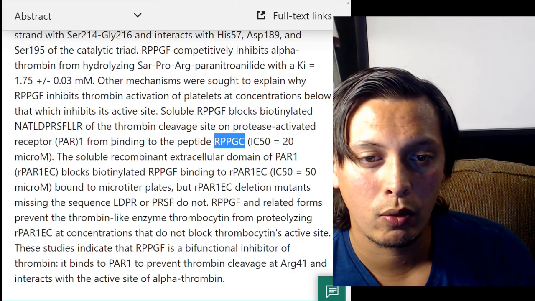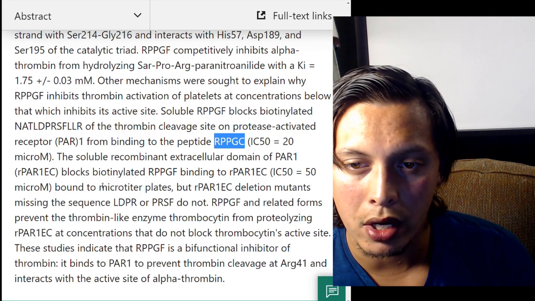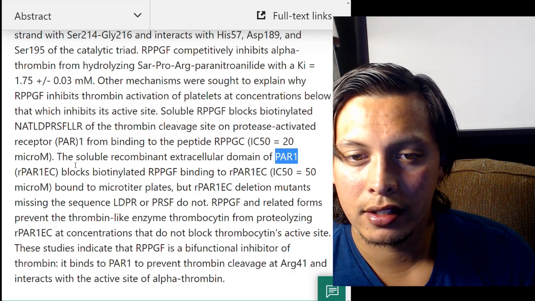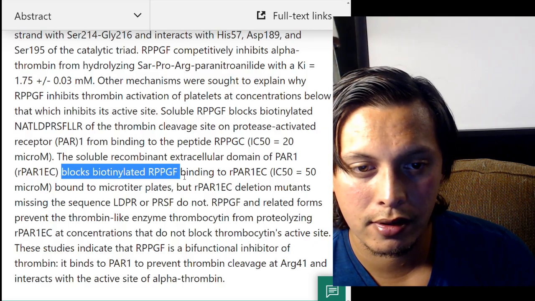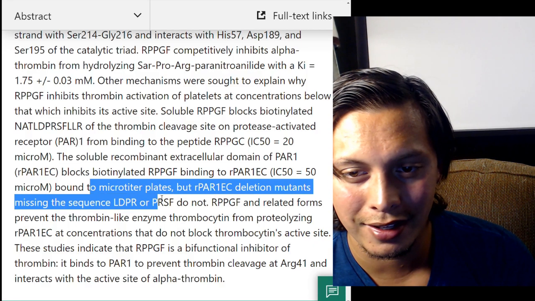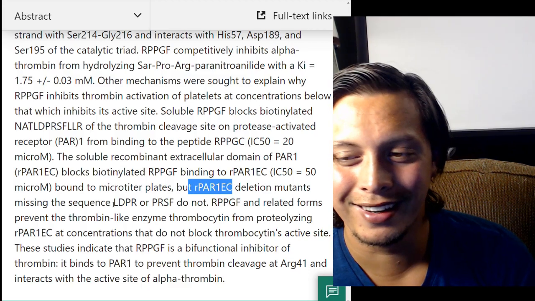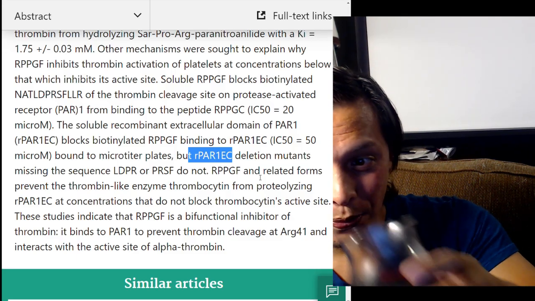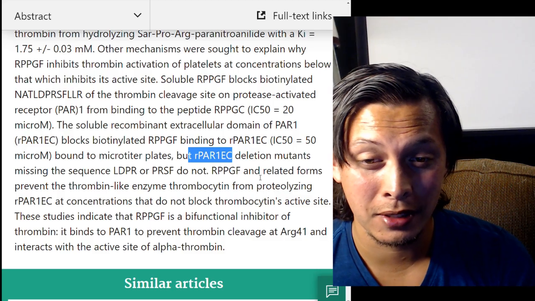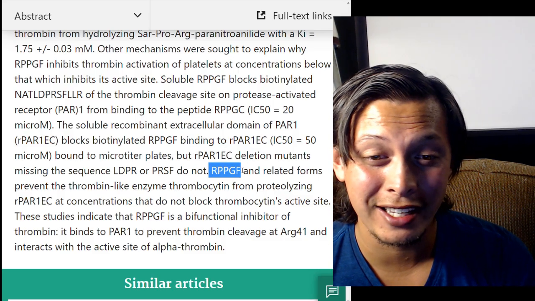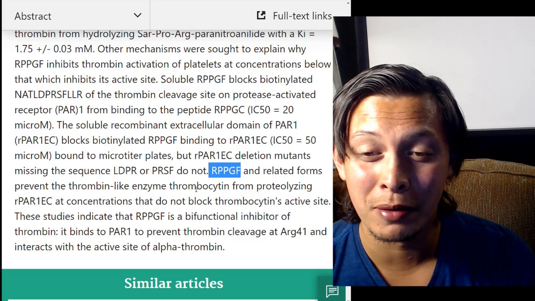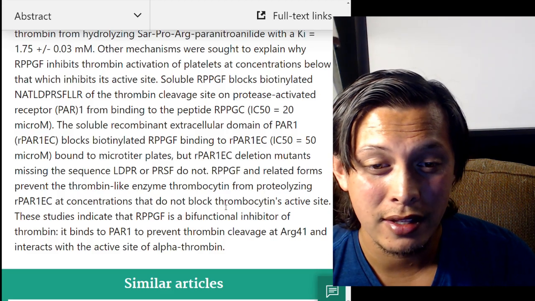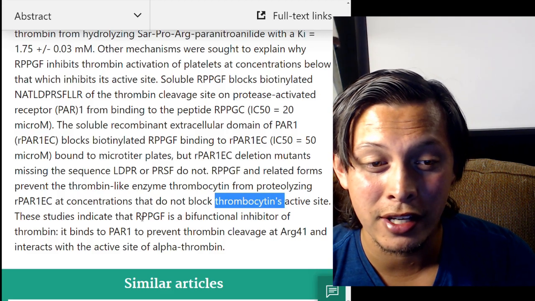So the soluble recombinant extracellular domain of PAR1 blocks biotinylated this binding to this, but this, oh god, I need a drink. And related forms prevent the thrombin-like enzyme thrombocytin from proteolyzing this at concentrations that do not block thrombin's active site. These studies indicate that this is a bifunctional inhibitor of thrombin.